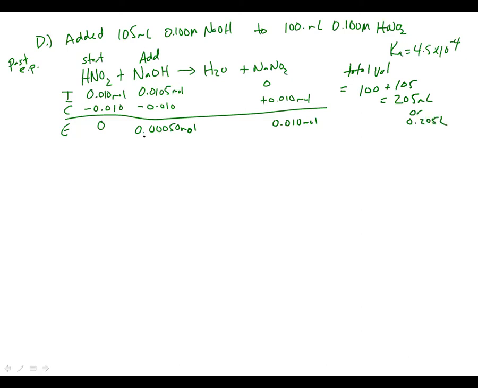So like we talked about before, after that first table, I would get in the habit of converting it back to molarity so you don't mess up any further calculations that might need to be done. So we'll get that 0.005 divided by 0.205 gives us 0.00244 molar.